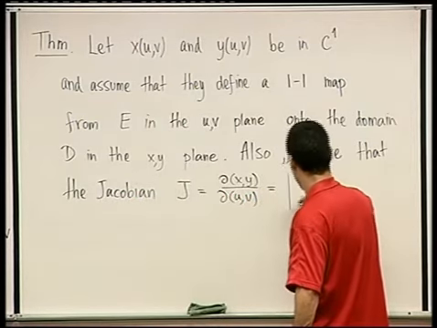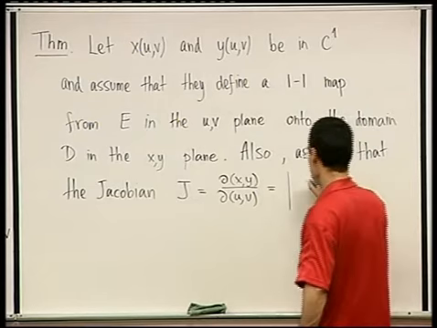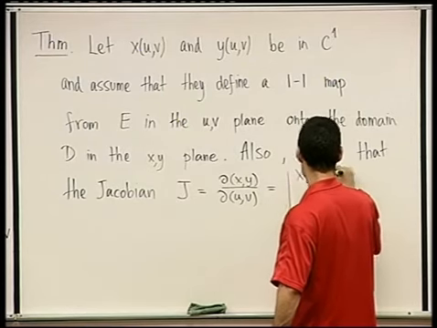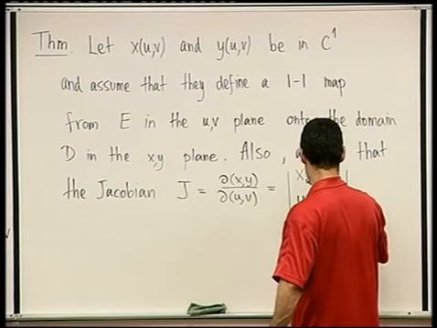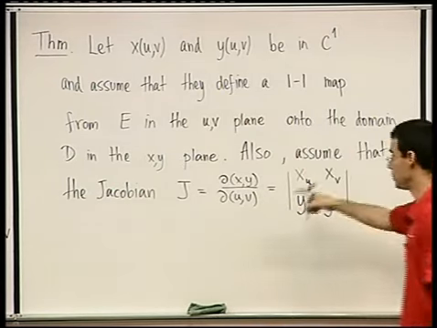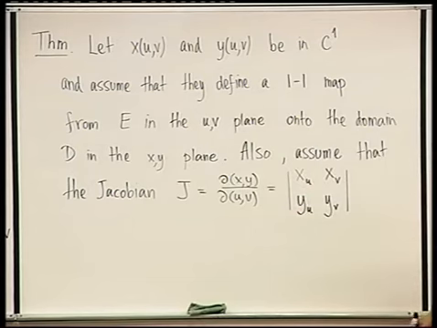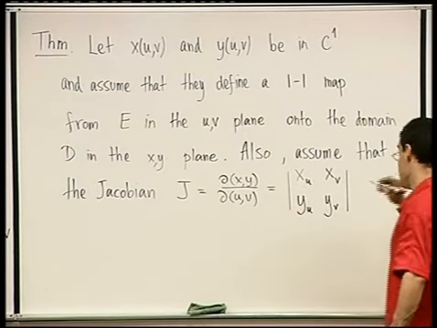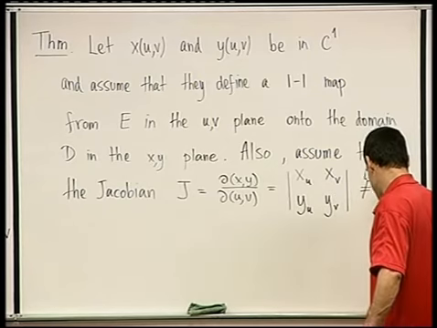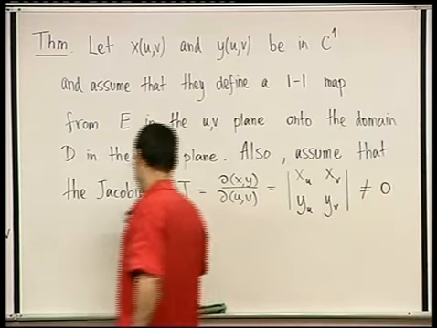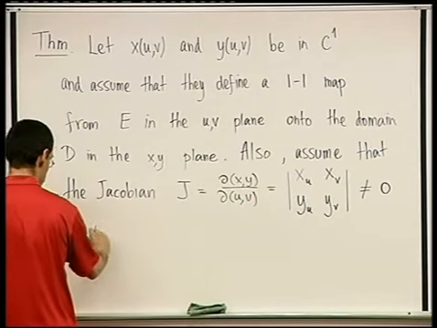It means the determinant x_u, x_v, y_u, y_v. This is what this notation stands for. So another assumption is that the Jacobian is not zero in E, in the domain we're discussing.